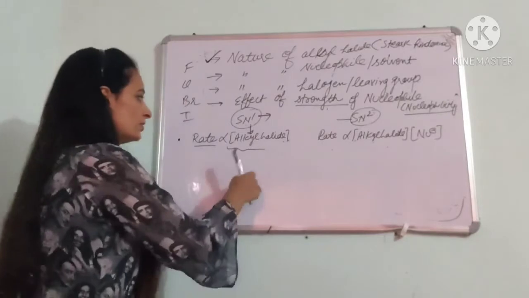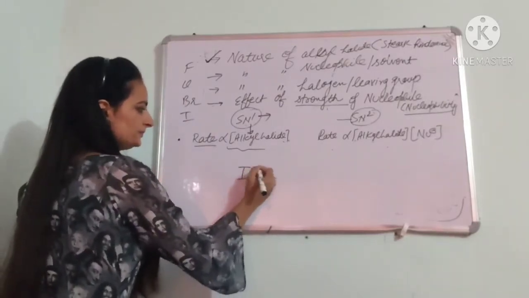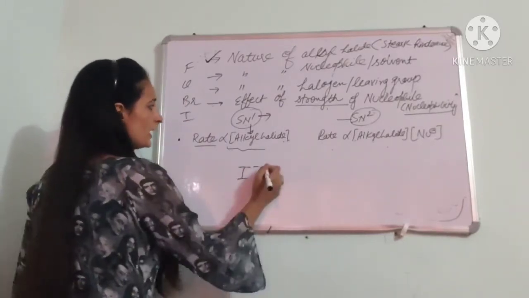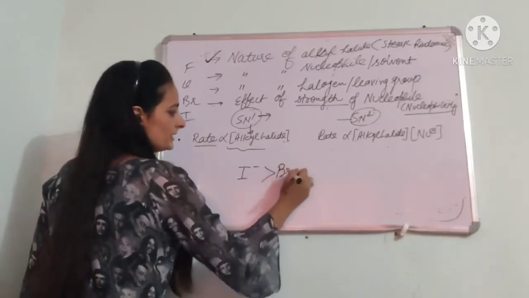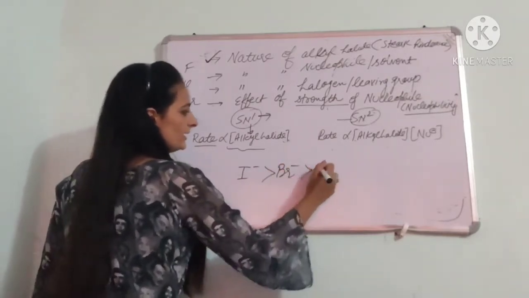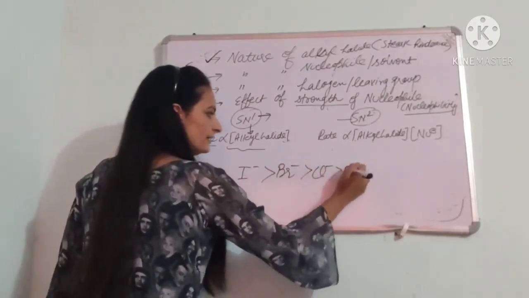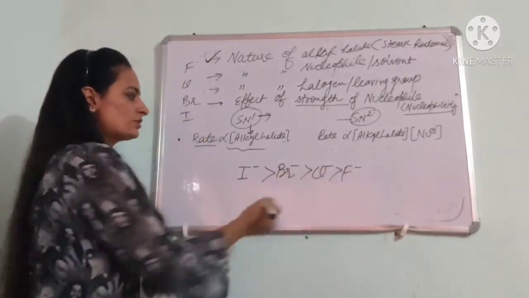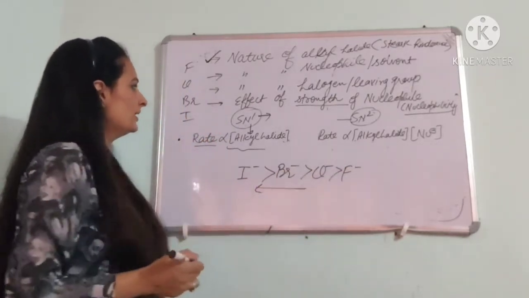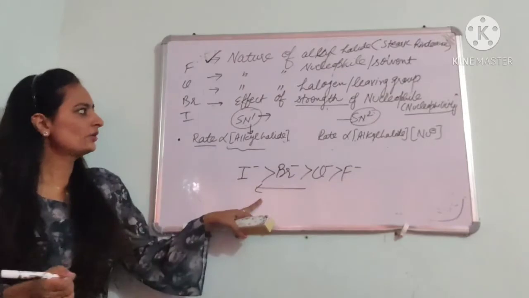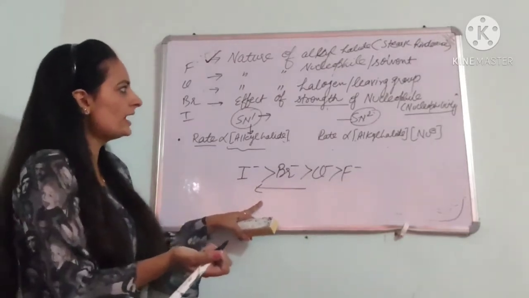You should remember that I negative, the iodide ion, is a better leaving group than bromide, then chloride, as compared to fluoride. This is the trend for the nature of your halogen.